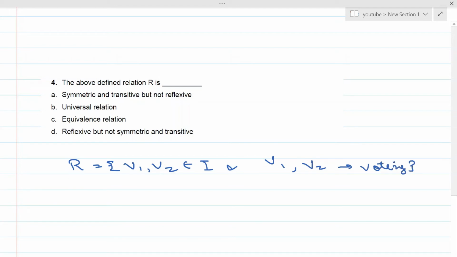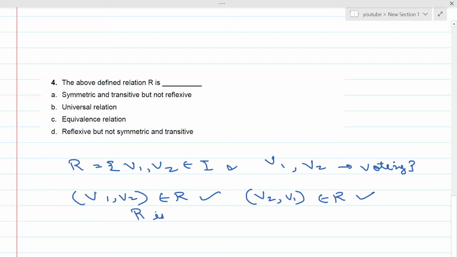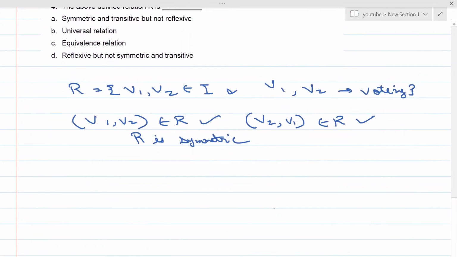So now let's see what the symmetric criteria is. Symmetric criteria is: if (V1, V2) belongs to R, that means V1 and V2 are Indians and they voted. So does that mean (V2, V1) also belongs to R? Yes, so this is true. This means R is symmetric. Now let's look at the second part, which is reflexive.